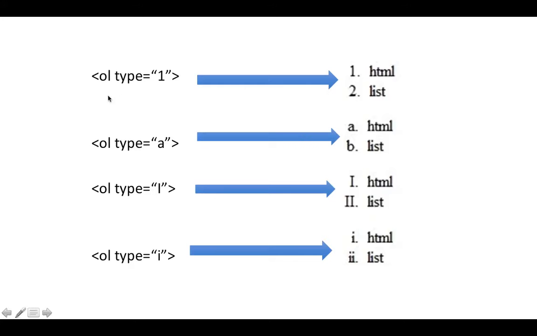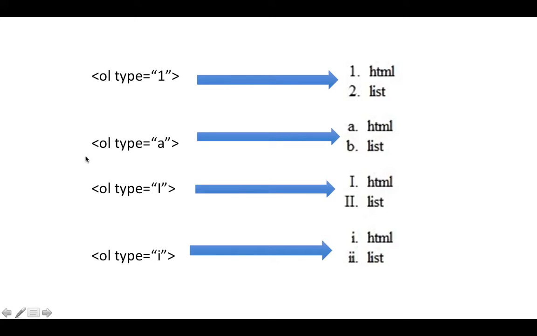Now see here, the attribute type has the value 1. That time we get the list as 1 HTML and 2 list. This is the type of ordered list that will be displayed when I use the OL tag with attribute type and value as 1.